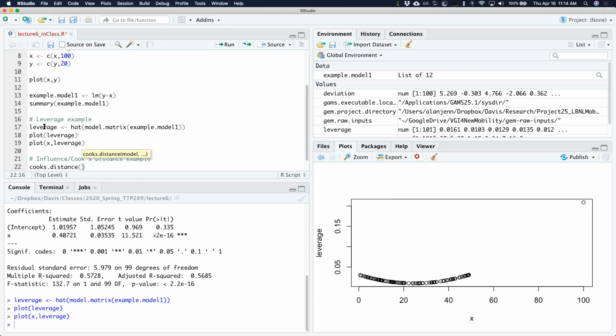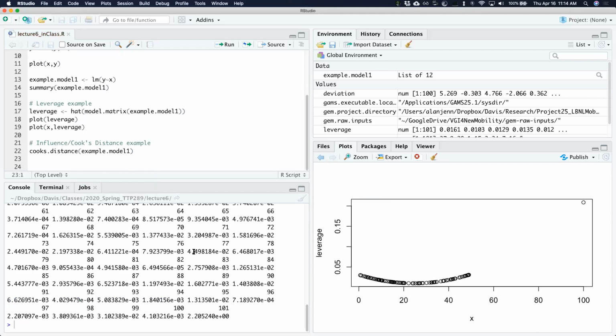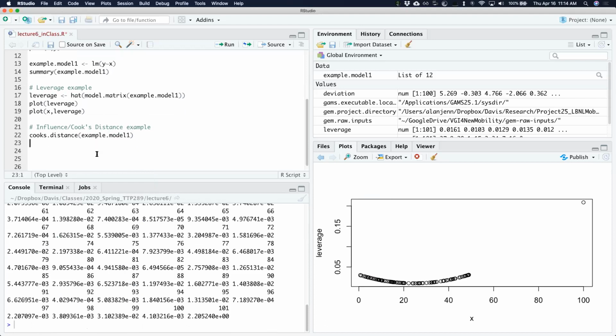There's actually a function literally called Cook's.distance, which will get those points for you. So if I go ahead and run this, these are all your Cook's distances for each of the 101 points that we have in our data. And so I can plot this and be able to see what happens.